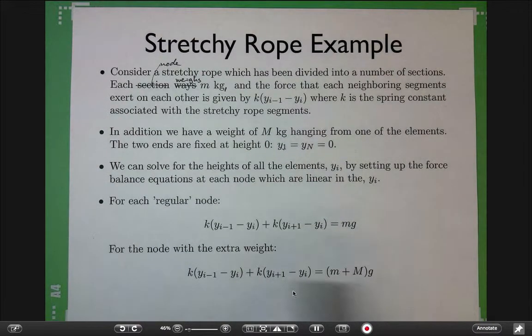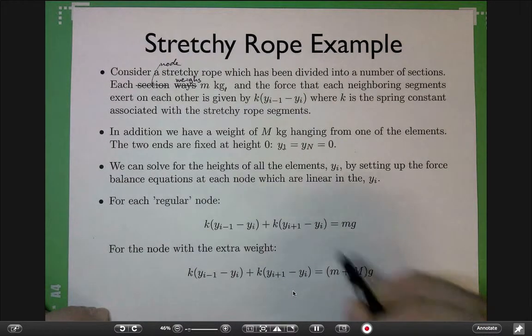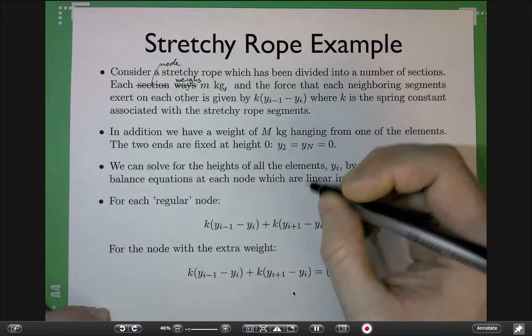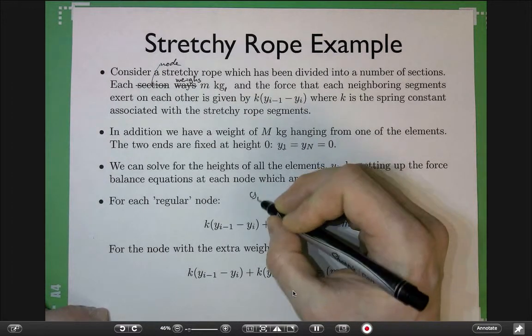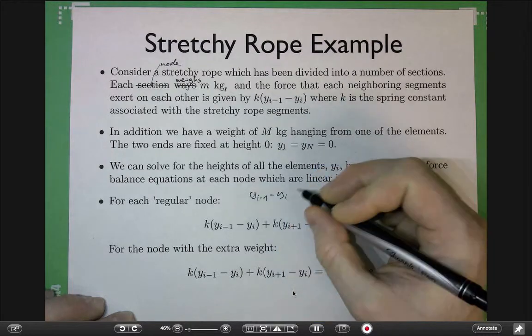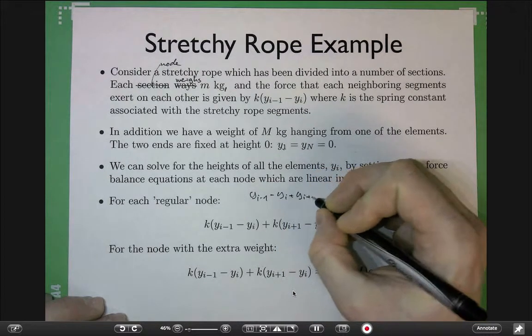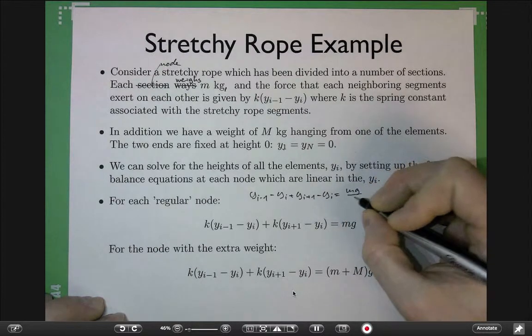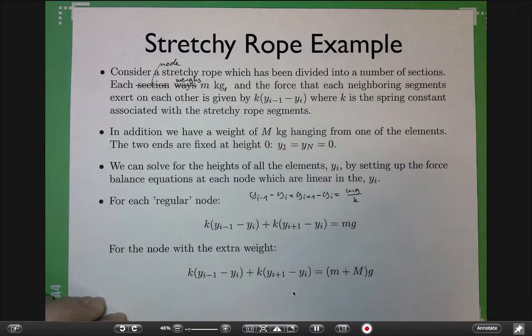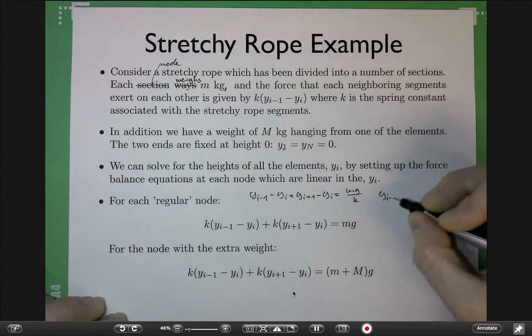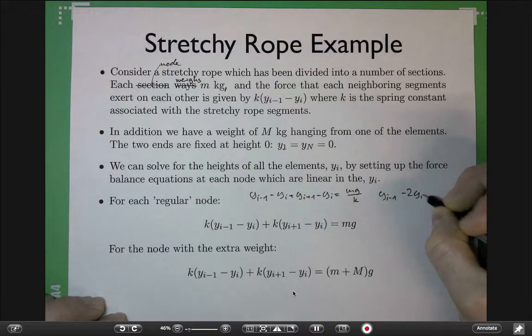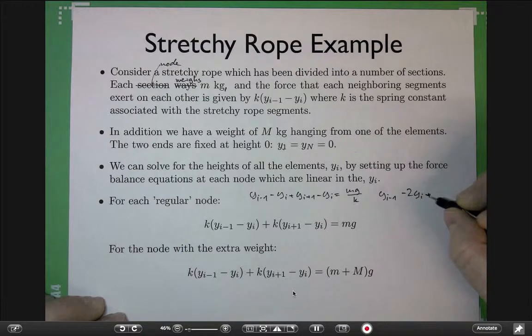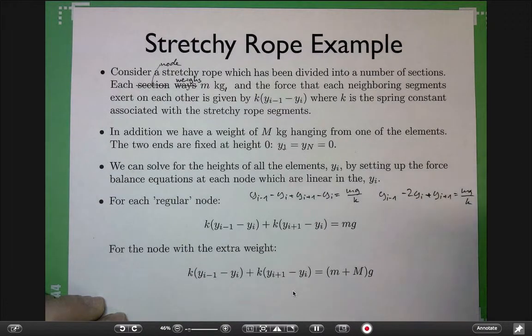So this equation can actually be rewritten. I can divide by k, and if I divide by k, I get mg divided by k. So the yi terms can be summed together, and I get minus 2 yi plus yi plus 1 equals mg divided by k.